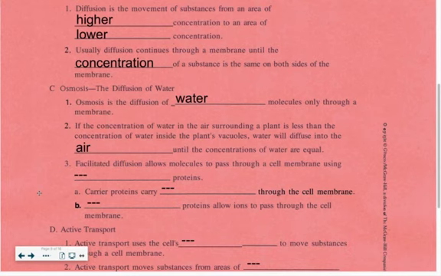Facilitated diffusion allows molecules to pass through a cell membrane using transport proteins.